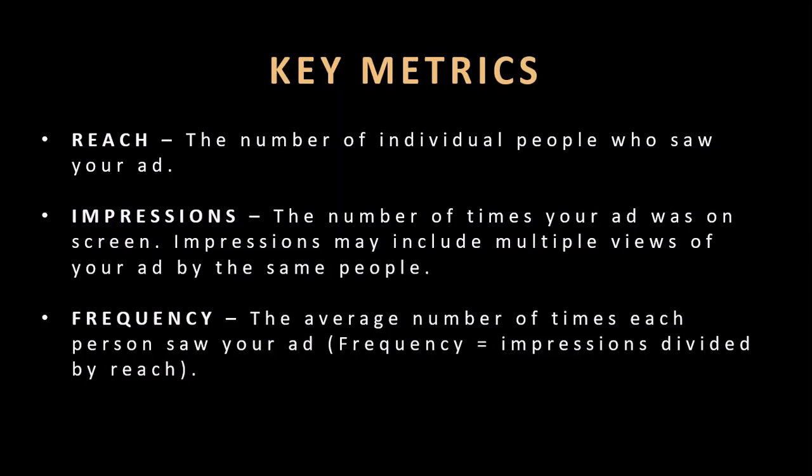So, using that example, my ad reached one person, you, so reach was 1, but the frequency was 10. Well, that means 1 times 10 is 10, so I got 10 impressions, right? These 3 numbers are all directly interlinked. It's just good to know that.